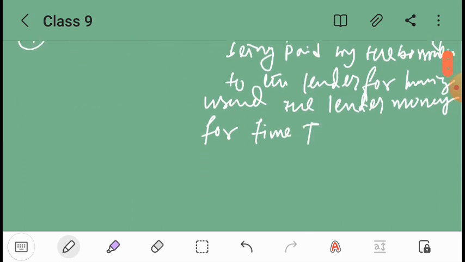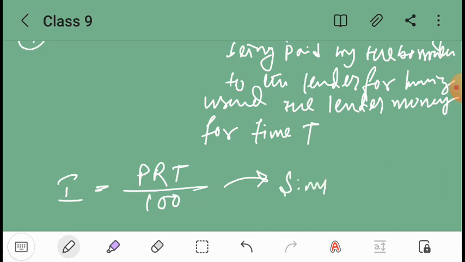Now this I is calculated by PRT divided by 100, which is called simple interest.